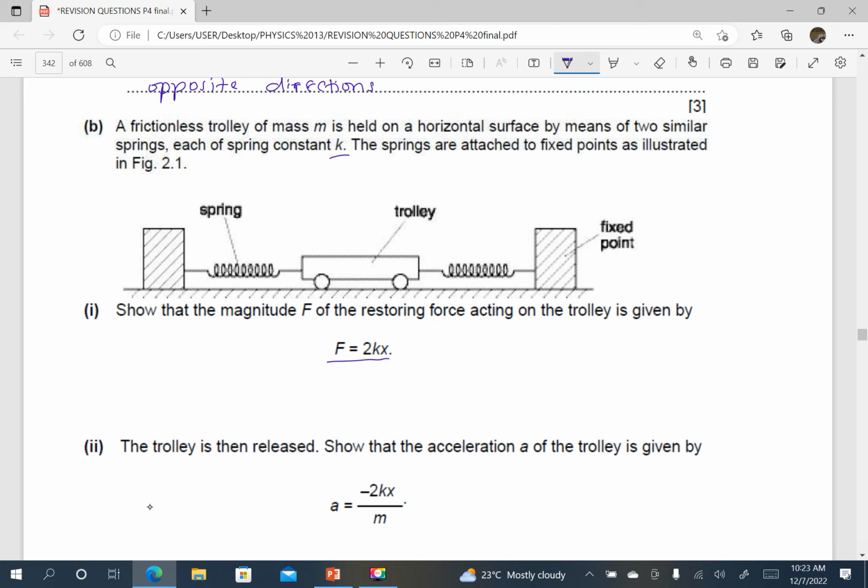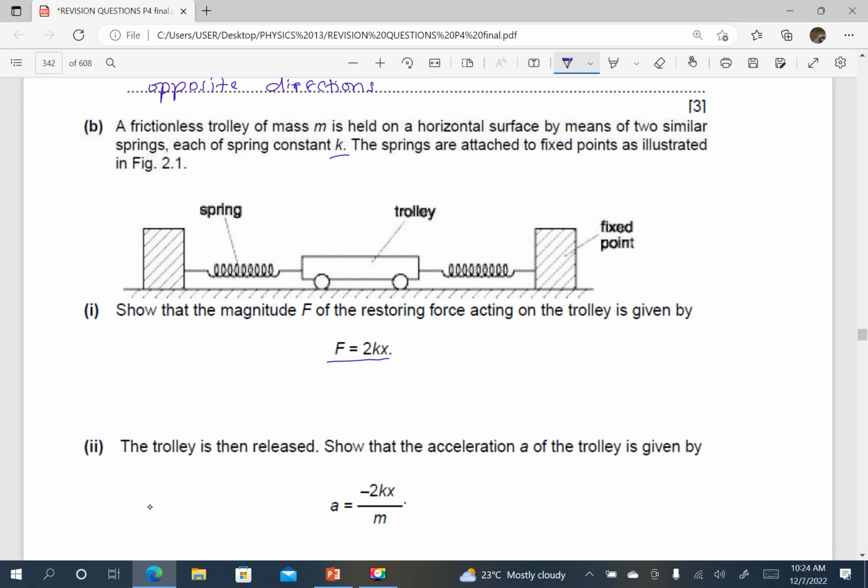If the springs are attached to fixed points as illustrated in the figure, show that the magnitude F of the restoring force acting on the trolley is given by F is equal to Kx.